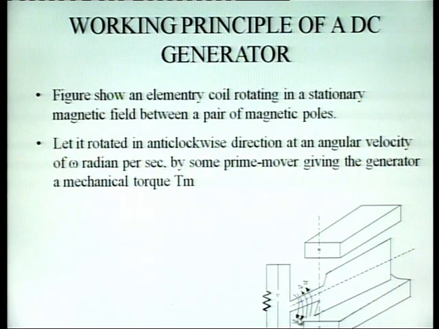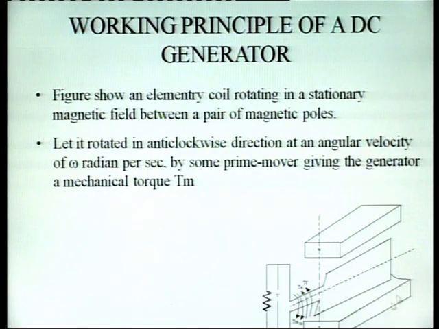When we apply mechanical torque Tm in an anticlockwise direction, then this conductor will rotate in an anticlockwise direction with the help of Tm. The direction of Tm is anticlockwise, as well as the direction of omega, the angular velocity of this conductor.